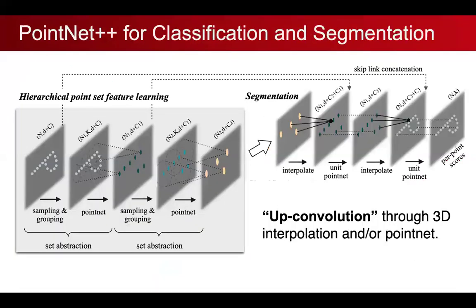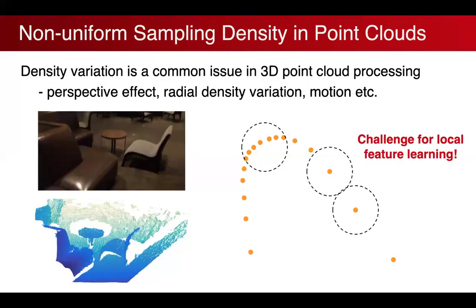And that is important if we are going to do this hierarchy. On the other hand, sensing devices and other processes usually generate sampling that is non-uniform, that is, a density that varies across the domain.